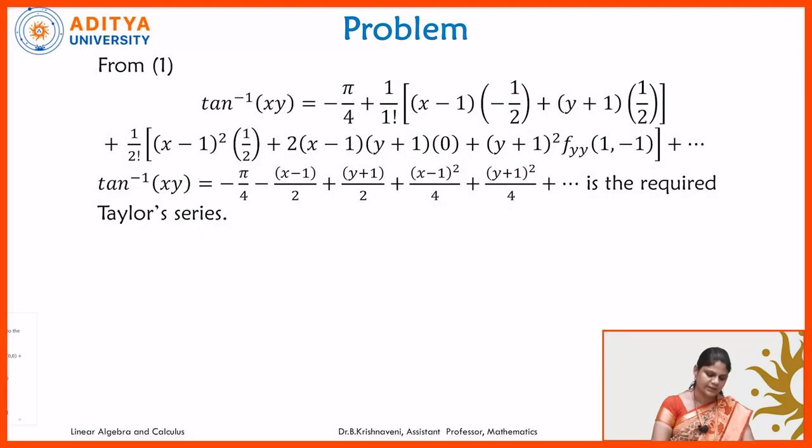Now substitute all the values in the Taylor series, which is given by tan inverse xy, that is f of xy is equal to, first value will be equal to minus pi by 4, that is f of 1 comma minus 1, plus 1 by 1 factorial into x minus 1 into fx of 1 comma minus 1, that is minus 1 by 2, plus y plus 1 into fy of 1 comma minus 1, 1 by 2, plus 1 by 2 factorial into x minus 1 whole square fxx of 1 comma minus 1, 1 by 2, plus 2 into x minus 1 into y plus 1 fxy of 1 comma minus 1, 0, plus y plus 1 whole square fyy of 1 comma minus 1.